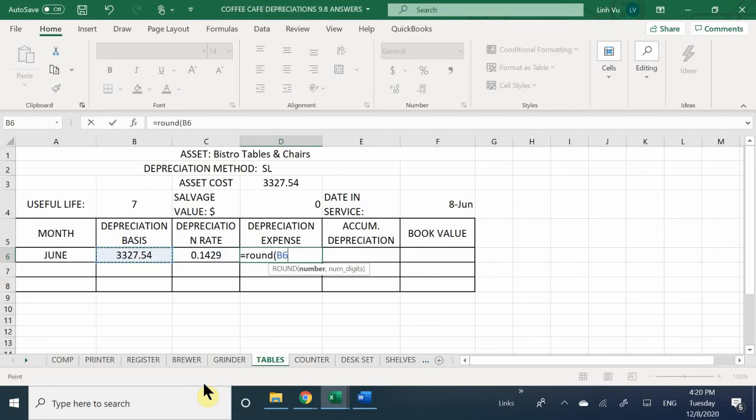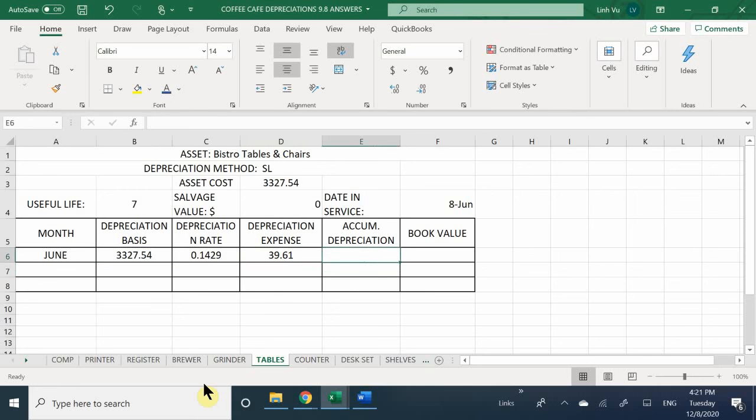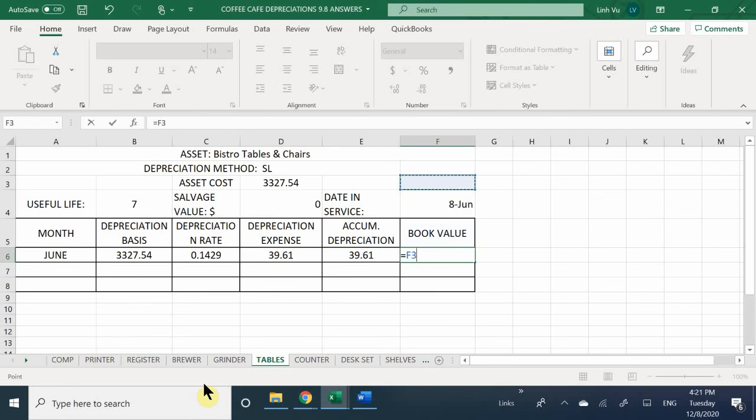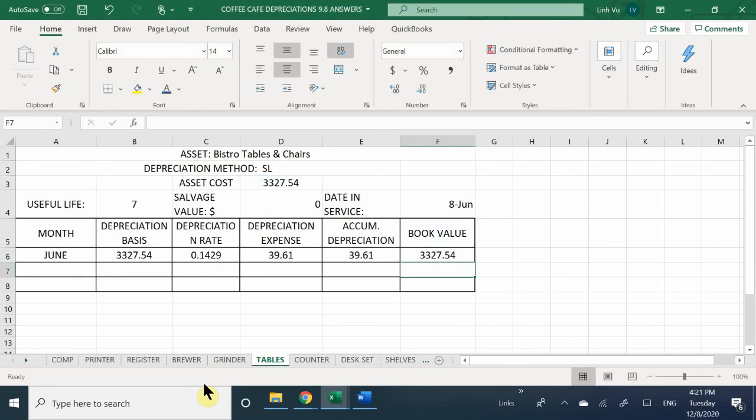Depreciation expense is the depreciation basis times the rate, and that's 39.61. That's going to be your accumulated depreciation. Now we have 3,327.54 minus the 39.61, with the book value of $3,287.93. Okay, good.